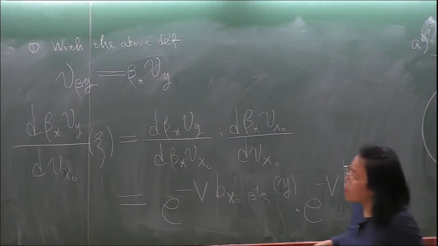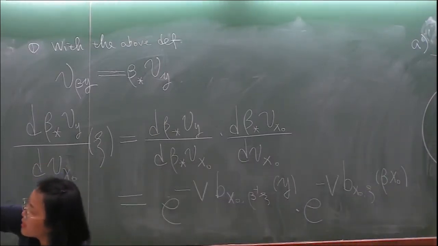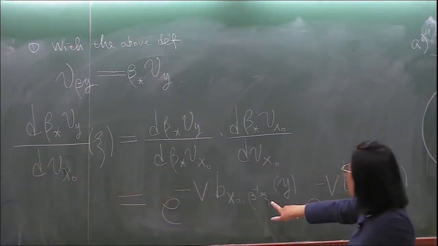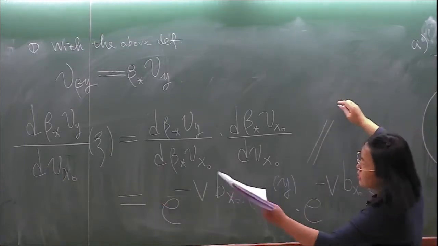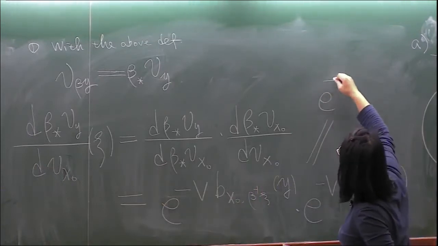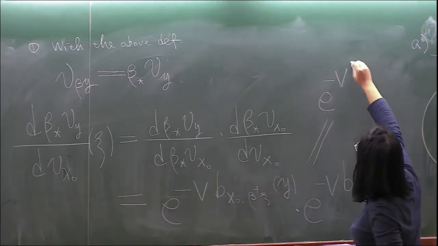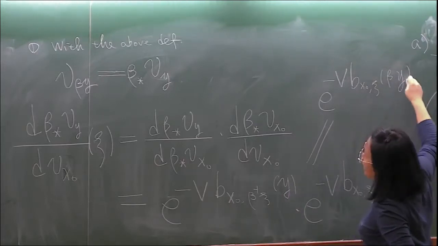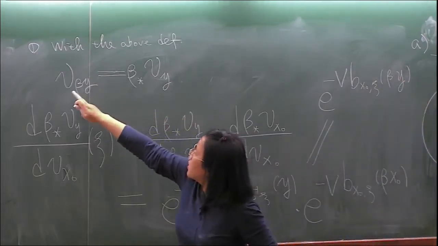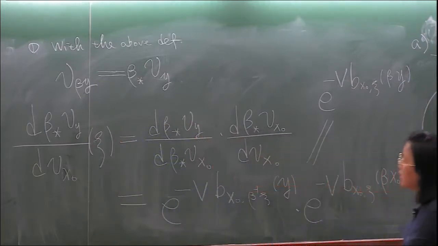Okay, so we haven't erased the cocycle property there, so you have to check that. So this part equals what? That's what it says there, e to the power minus b, bx naught, c beta y. That's exactly the definition from this new beta.